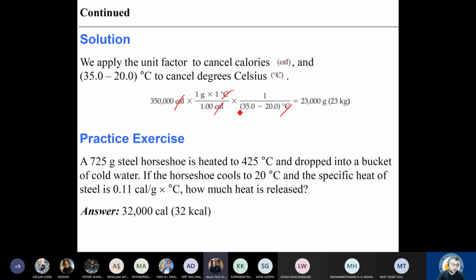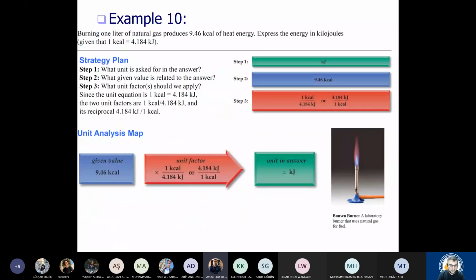Why? Because kilo means 10 to the 3. And also there is a similar question as homework, so you can try at home. This kind of question is very simple, but you can face it in all your life because you must always use unit conversions in all questions.